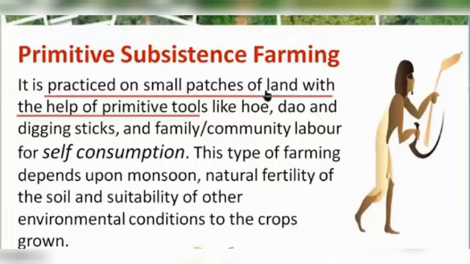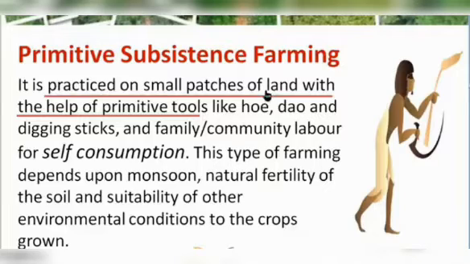So when we have farming which is more or less done by family or community laborers with the help of primitive tools like the hoe or digging sticks, it can be classified as primitive subsistence farming.